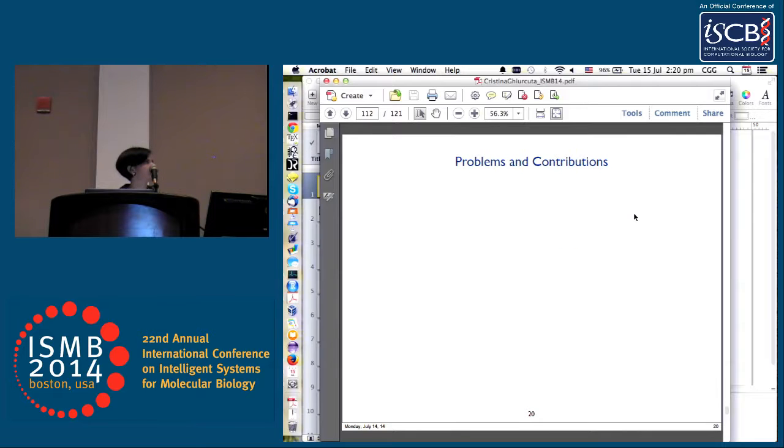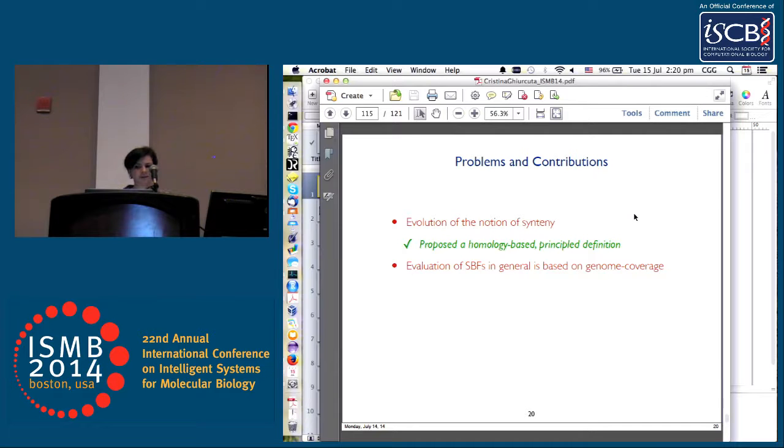So, in conclusion, the problems that we have addressed and the solutions that we have provided. We have seen the evolution of the notion of synteny. We have seen that there is no commonly accepted definition for synteny, for syntenic blocks. Therefore, we propose a homology-based principled definition that we later use to evaluate and compare syntenic blocks.